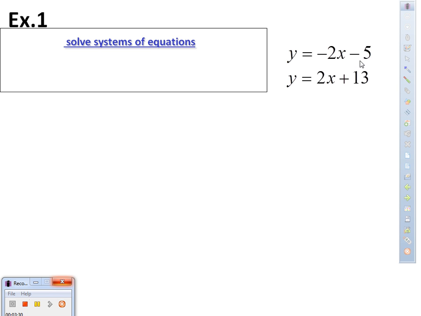Y equals negative 2x minus 5, and y equals 2x plus 13. Just copy it. When I ask you to copy, you copy, and then you just focus for the next step. Pens down, eyes up here.